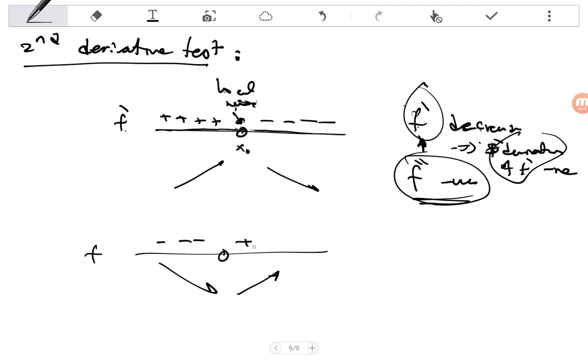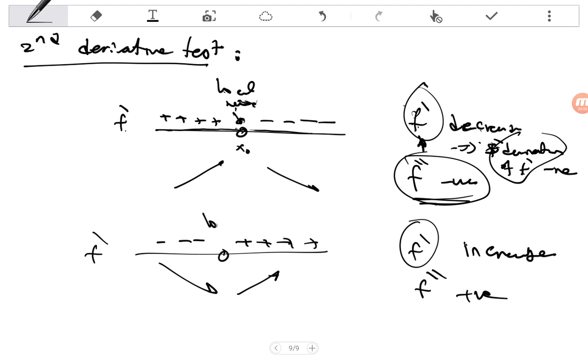In this case, it goes from negative to positive, which means that the first derivative is increasing. And what is meant by f dash increasing? It means that the derivative of that function, which is just f double dash, is positive. So for a local minimum, the second derivative is positive.